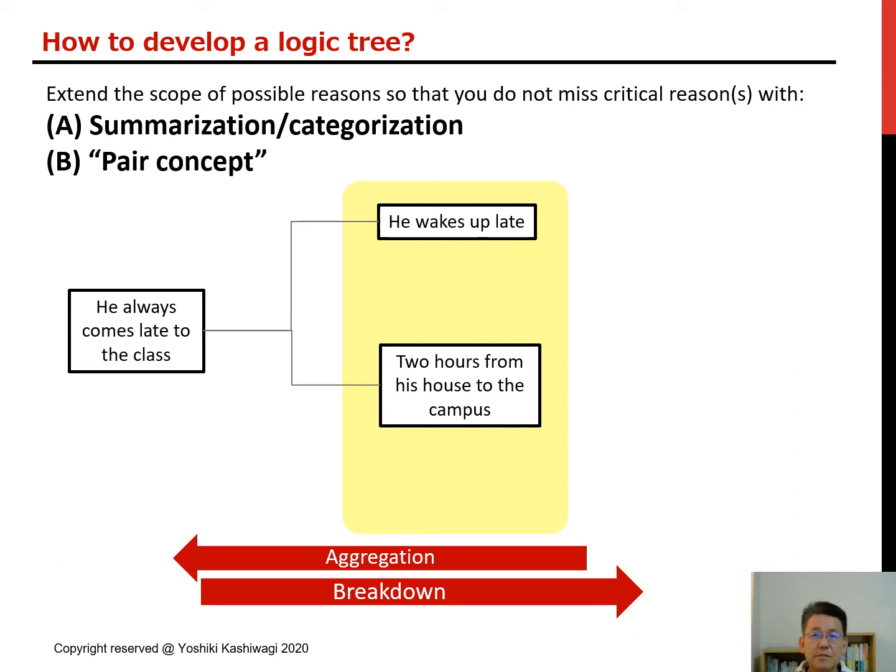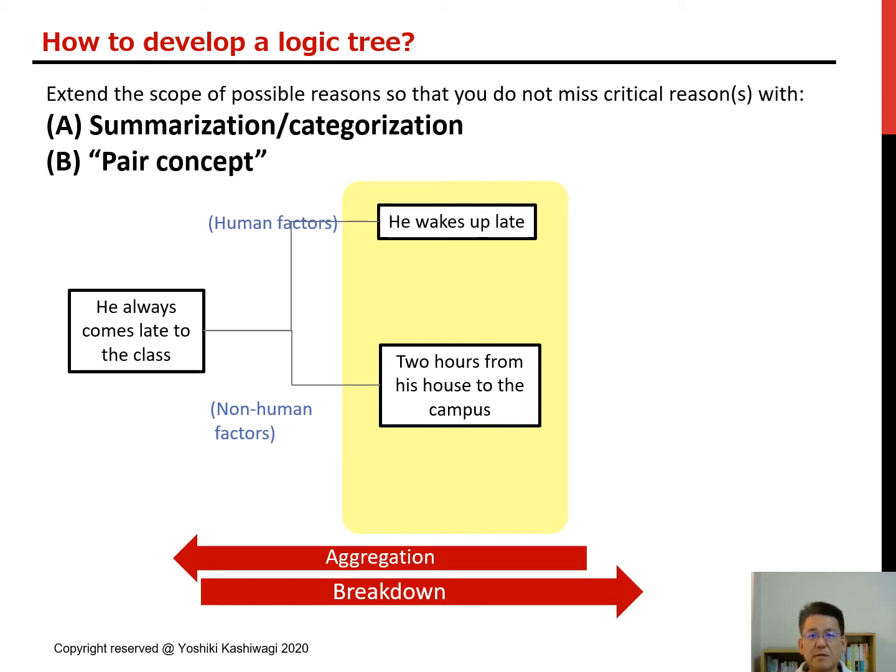And this time I want you to learn the concept which is called pair concept. Once you come up with a specific reason or reasons, then you label the concept, the name of the concept. In this case, he wakes up late.